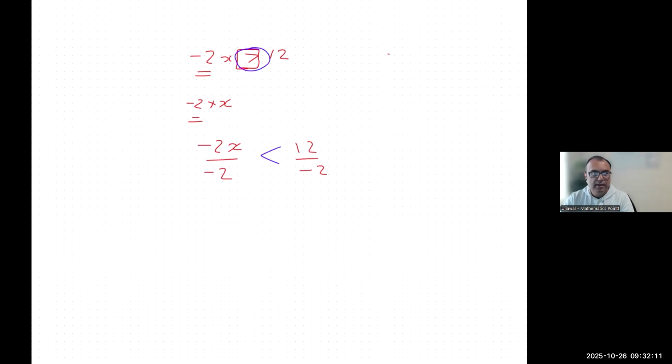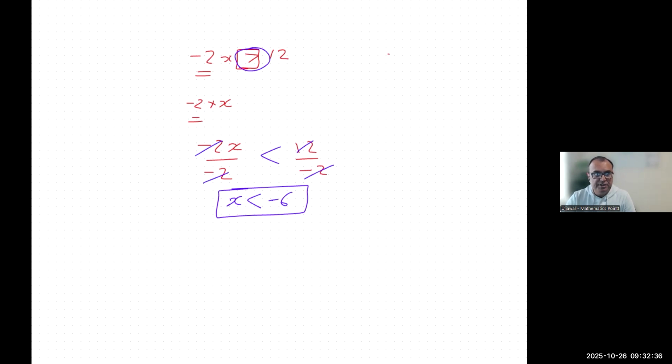Just type your question, Shaban, that's okay, I'm seeing the chat. So what happens is negative 2 is gone, so x is less than 12 divided by negative 2, which is negative 6. That is the rule that you need to follow.